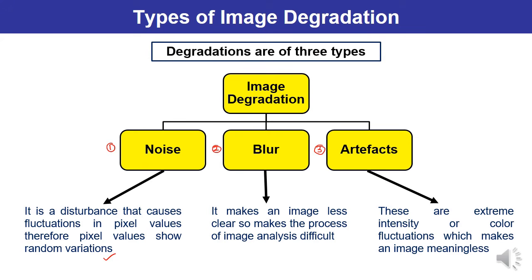Artifacts, also known as distortion, is a commonly used term in medical imaging, and these are extreme intensity or color fluctuations which make an image less meaningful. Distortion involves geometrical distortions like translation, rotation or change in scale. In medical imaging, artifacts are like random noise.